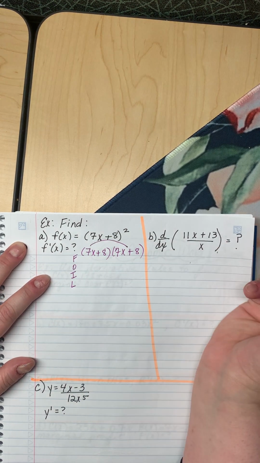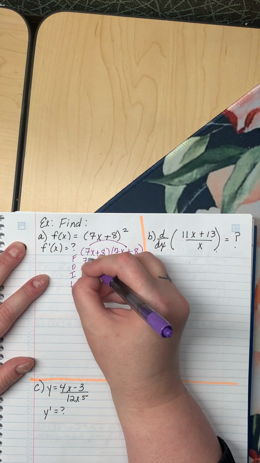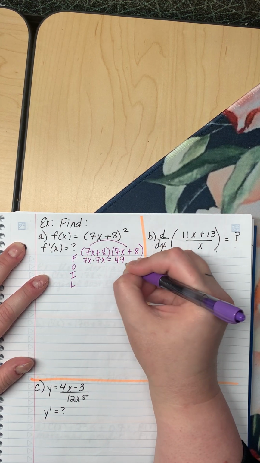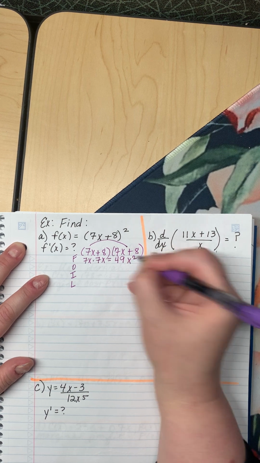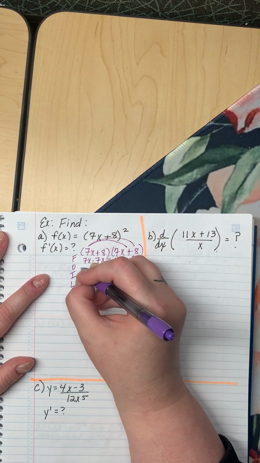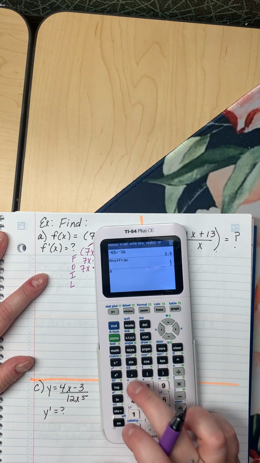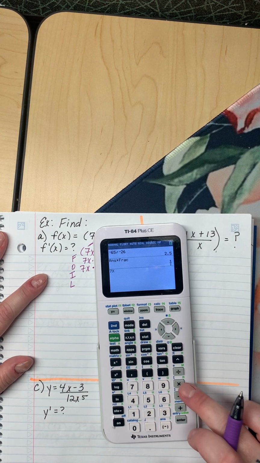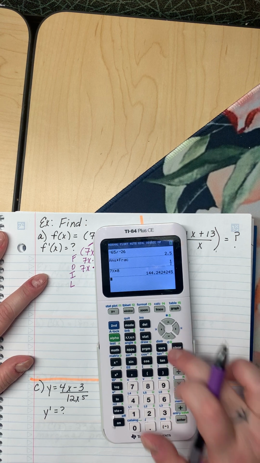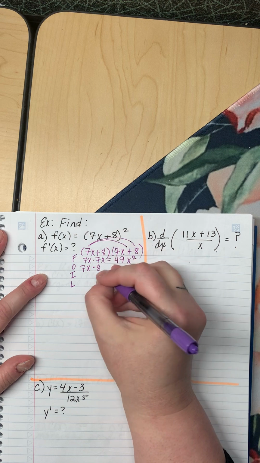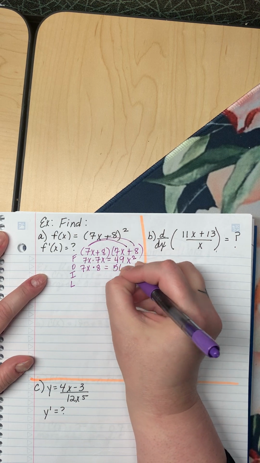So 7x times 7x. You don't have to write this down. I'm just doing it for you. Is 49x squared. 7x times 8. No, don't make fun of me. I'm not good at counting. Okay. I can take a derivative, but I can't count. Oh, crap. 7 times 8, 56. Yay. So this makes 56x.